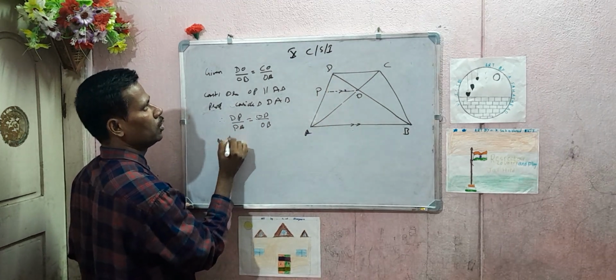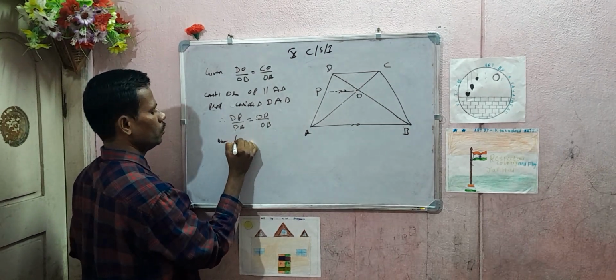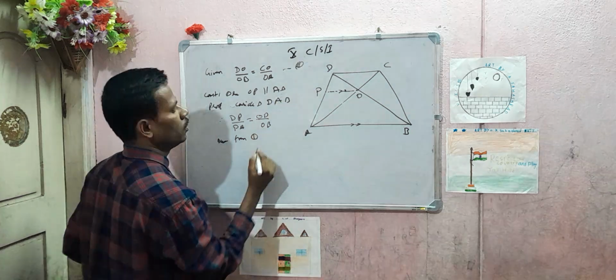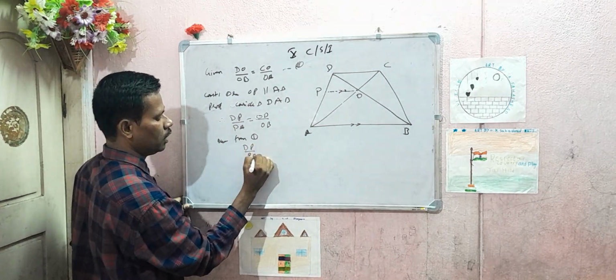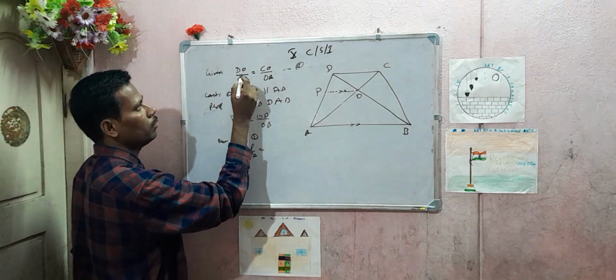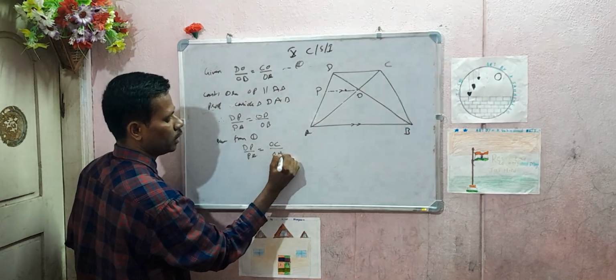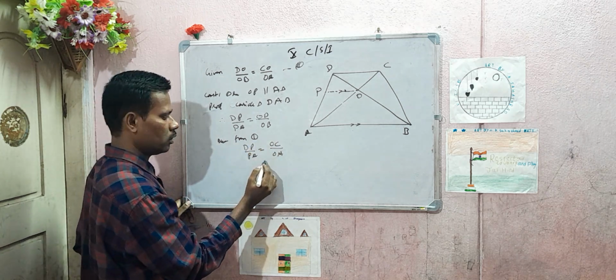But what is DO by OB given? But from 1, mark this as 1. Write this here. DP by PA is nothing but DO by OB. In place of DO by OB, we can write OC by OA.